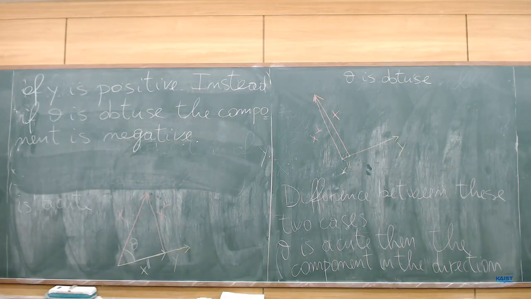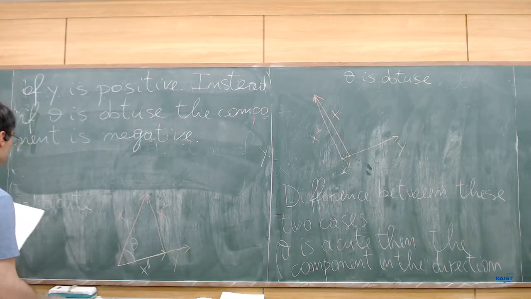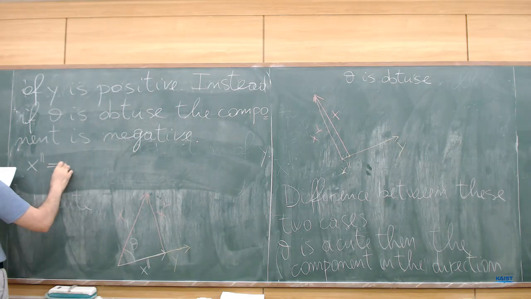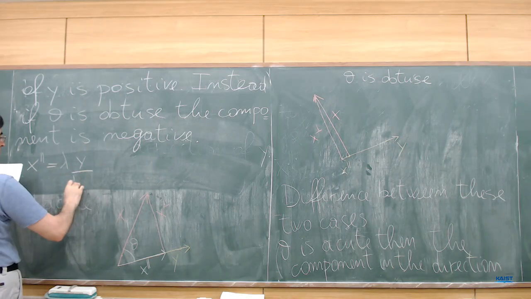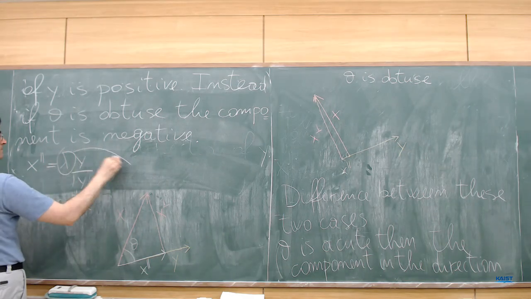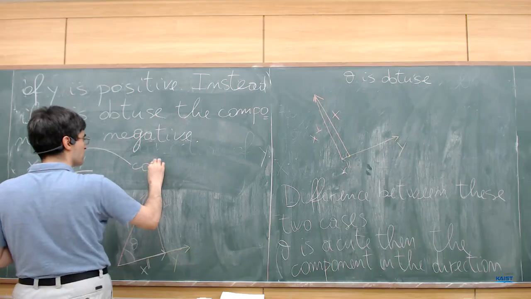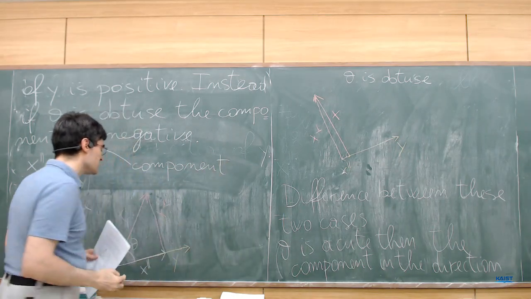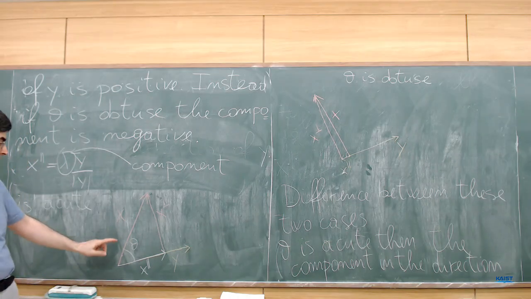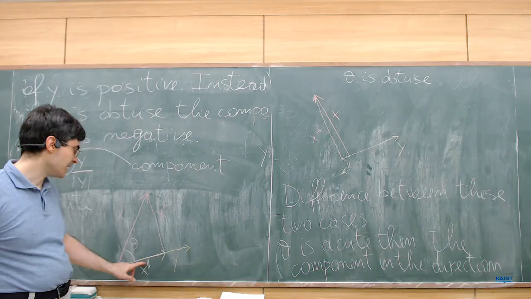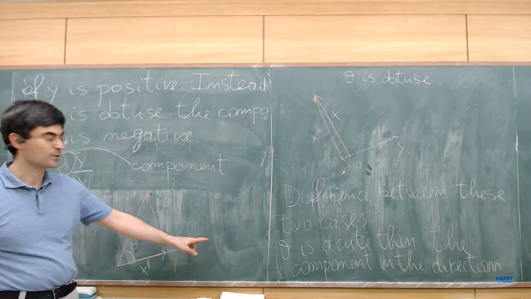Why is this? Because the component is the number lambda which appears in this formula. So this is the component. In the first case, when theta is acute, we have that x parallel and y point in the same direction.